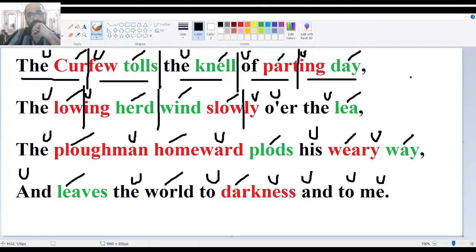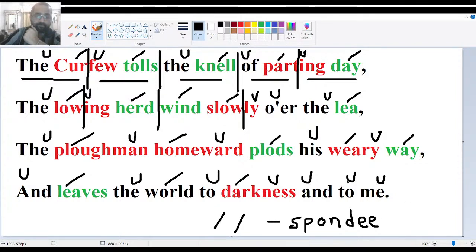So you have two stressed syllables, and this is called a spondee. It's a variation. And then you have two unstressed syllables.